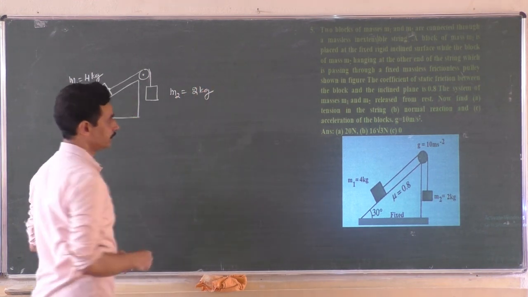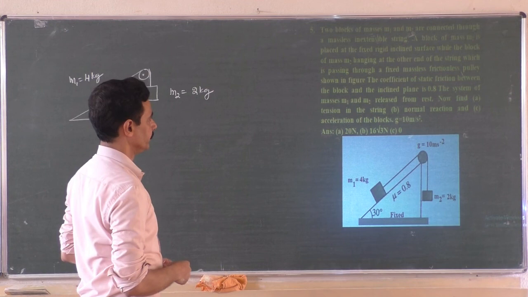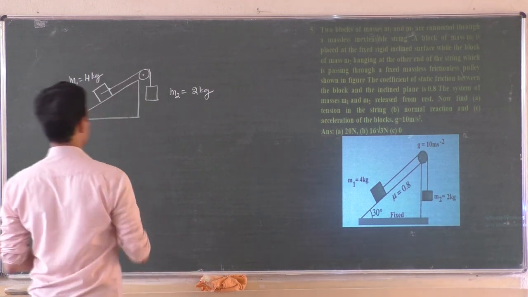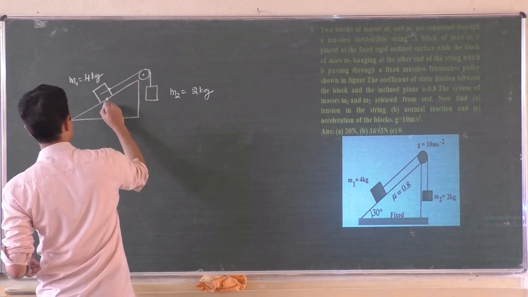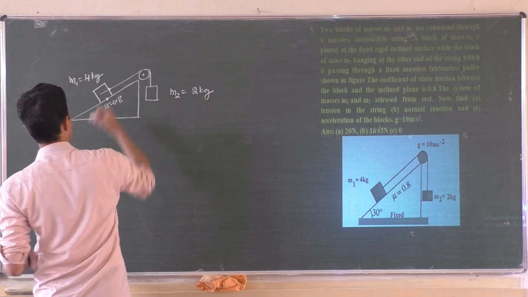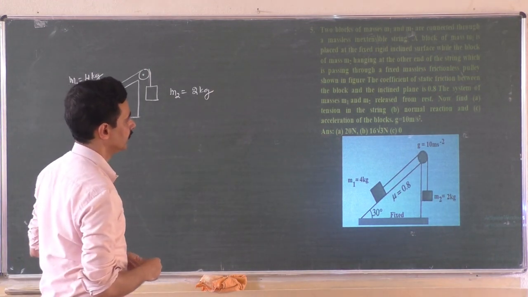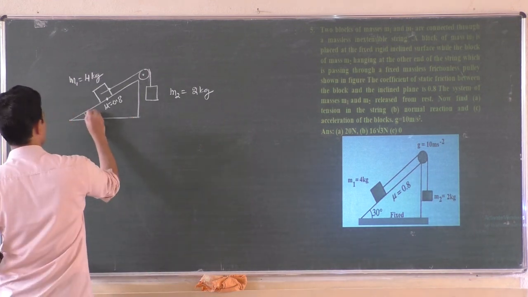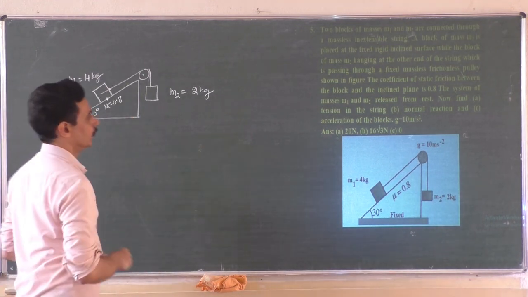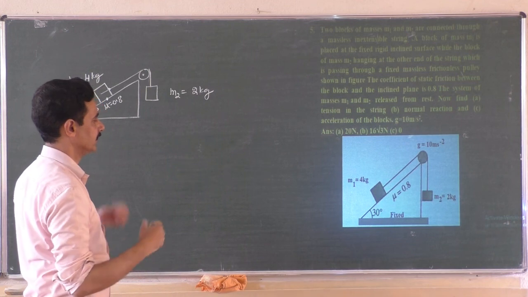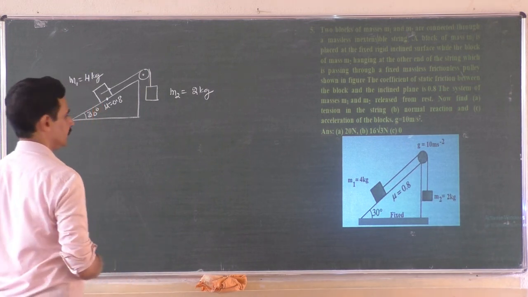Everything is given in the diagram. Coefficient of friction is 0.8, and the angle of inclination is 30 degrees. Now what is the acceleration of the system, and what is the tension in the string?